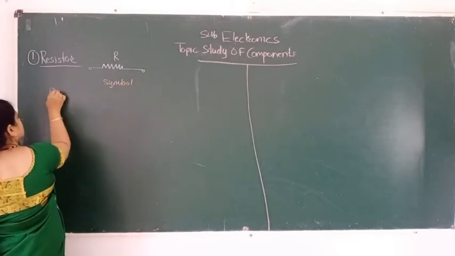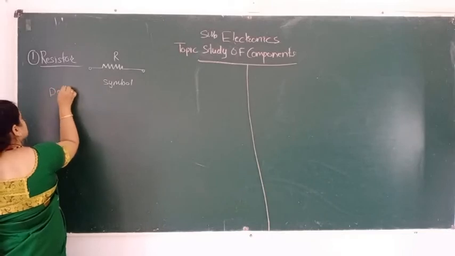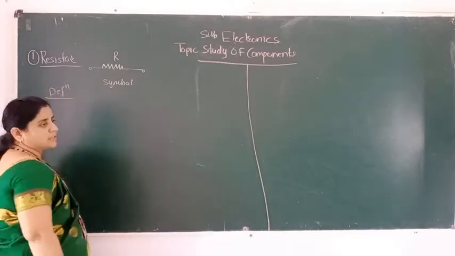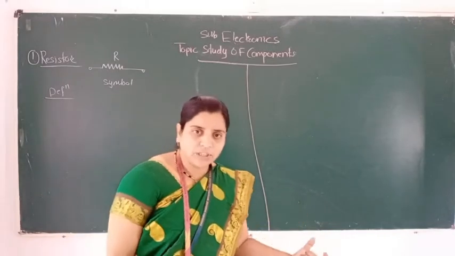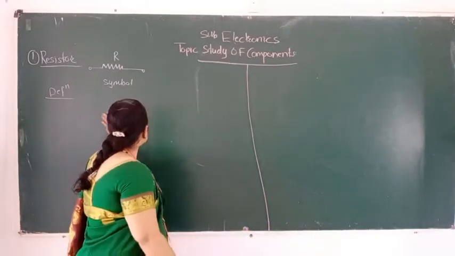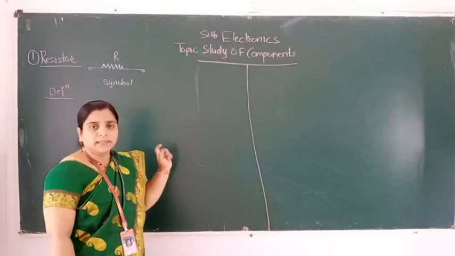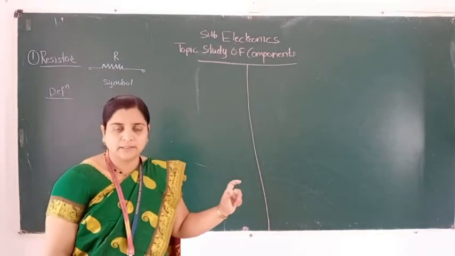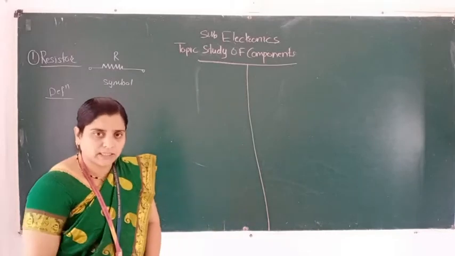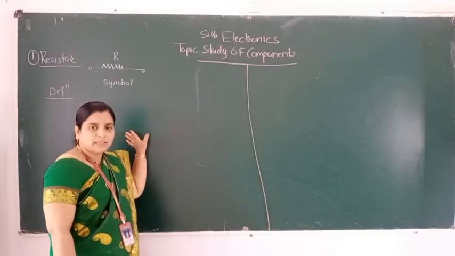And the definition of resistor. What is the function of resistor? Resistor is nothing but it opposes the flow of current, and that is called a resistor. What is the definition of resistor?